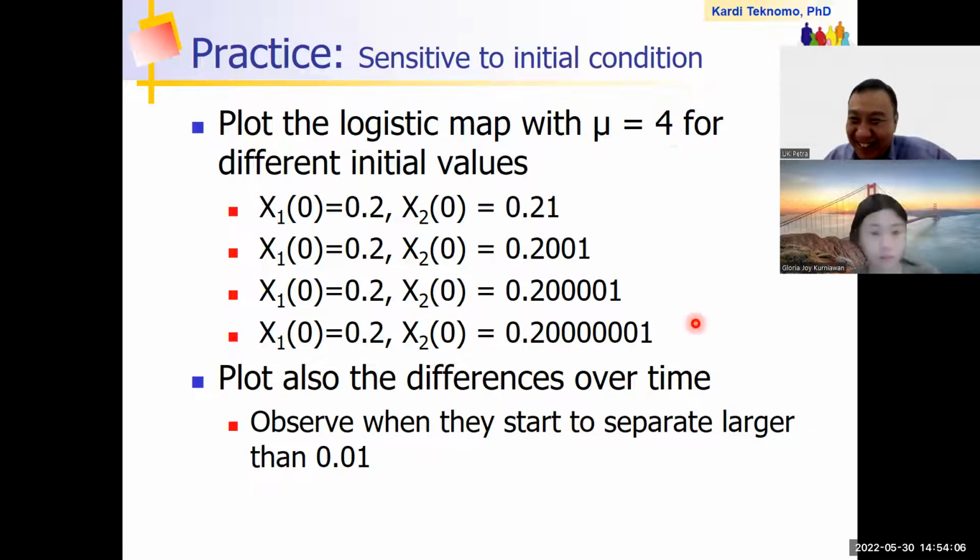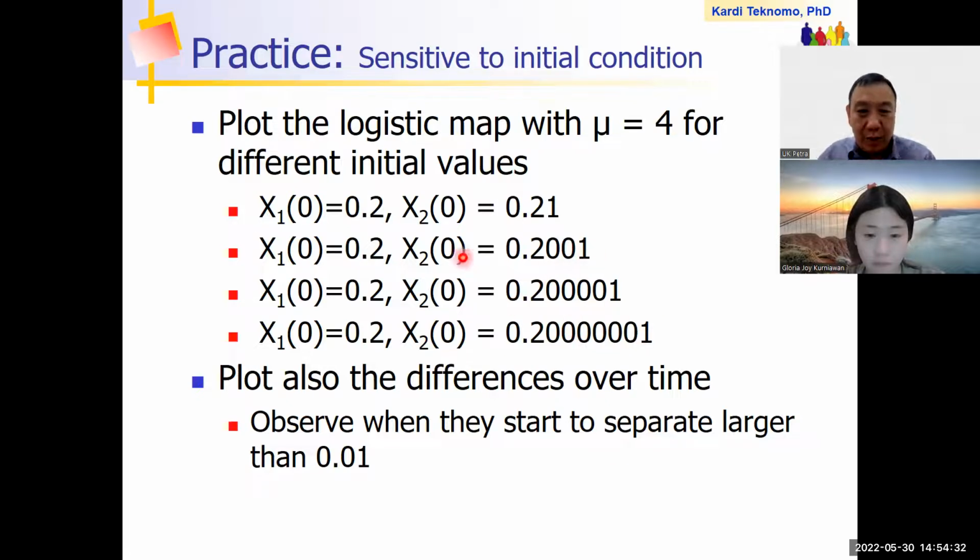Mu is exactly 4 now. Okay, mu is 4, and then now you change the initial value. You can try an initial value of 0.2, right, and then 0.21, and then 0.001, and so on.